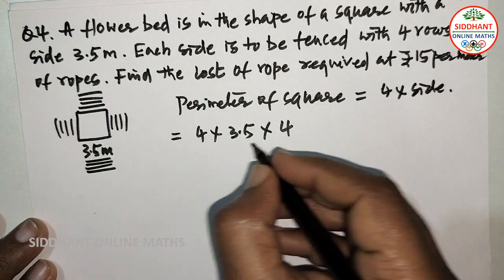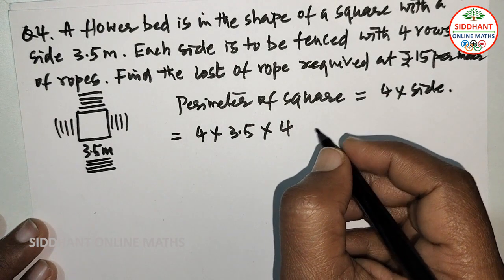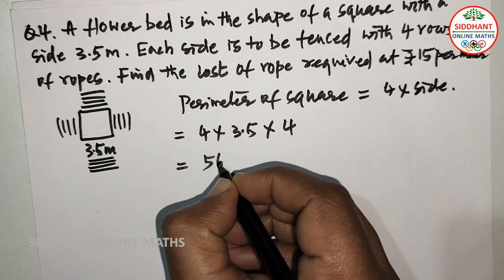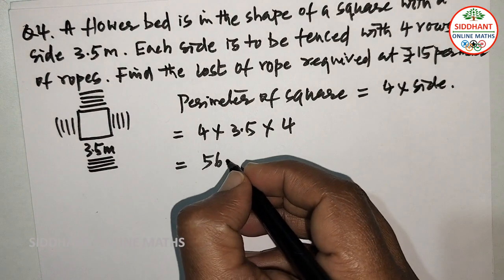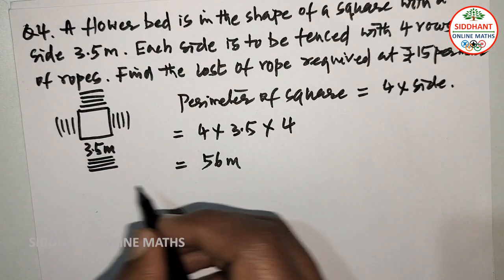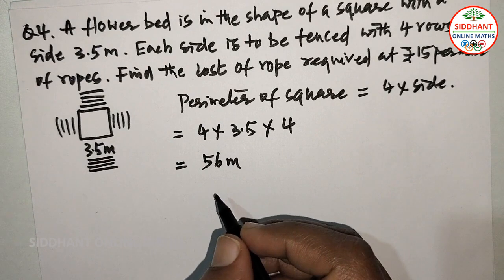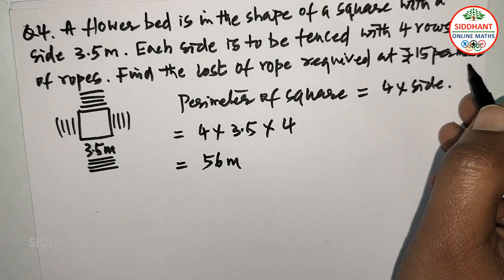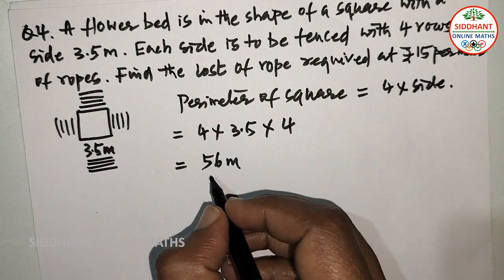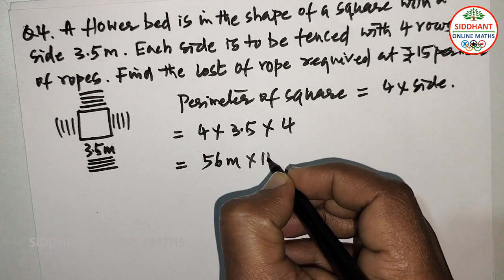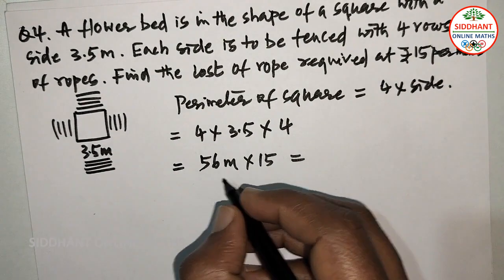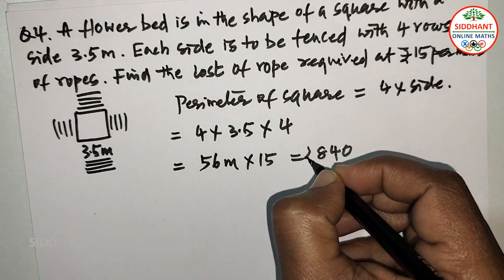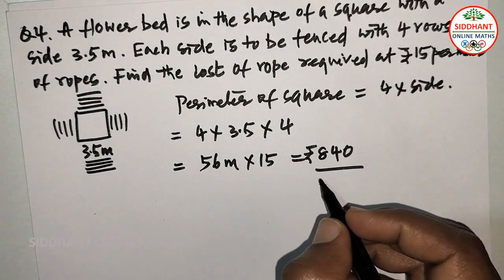So here we are going to get the perimeter. So 4 into 3.5 into 4, so we get here 56. So 56 meters is the perimeter. Again they asked to find the cost of rope required at rupees 15 per meter. So per meter 15 rupees means for 56 how much? So 56 into 15, we get here 840 rupees. So this will be the answer.